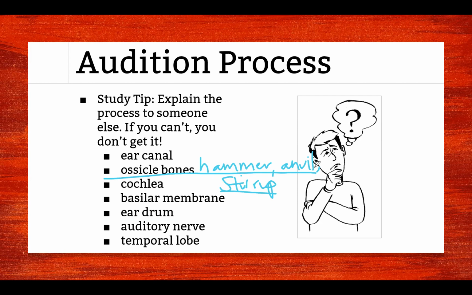These are all the parts of the ear that audition occurs in, and I want you to be able to talk about each one's role, and I even encourage you to put them in order so that you can visualize how sound waves enter the ear and eventually reach the auditory cortex in our temporal lobe. If you have any questions, please email me.